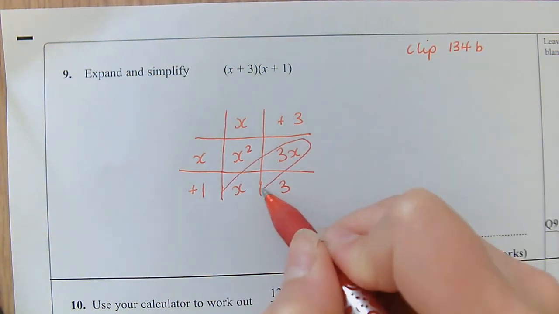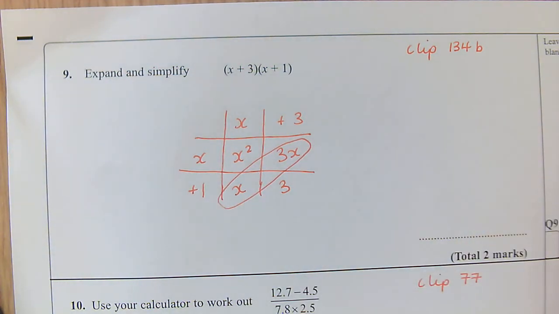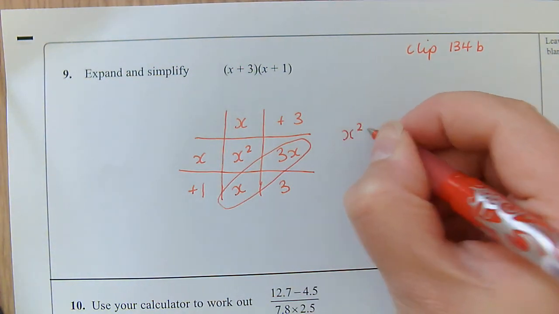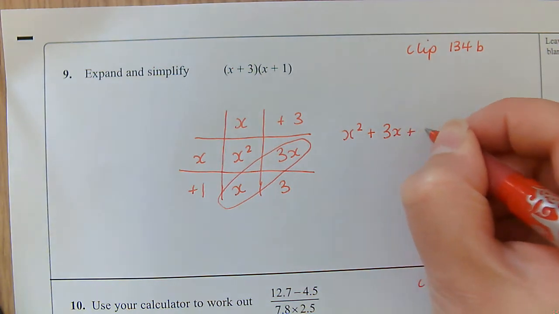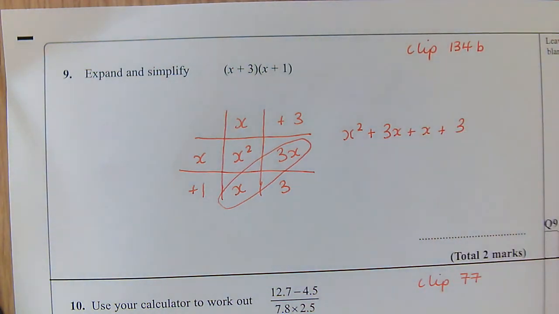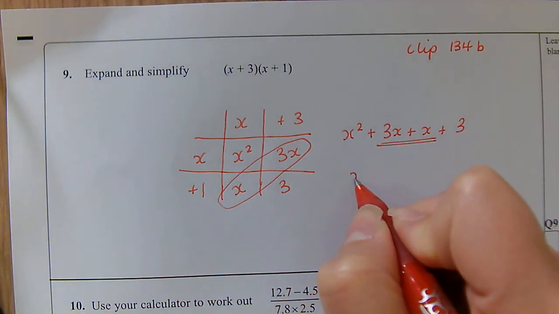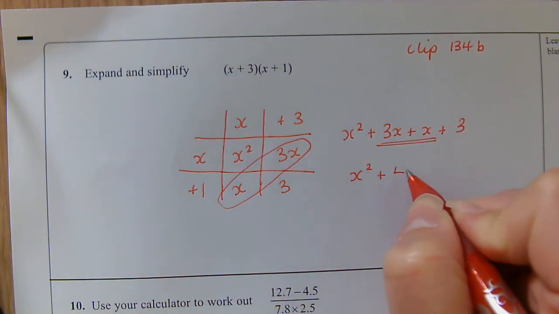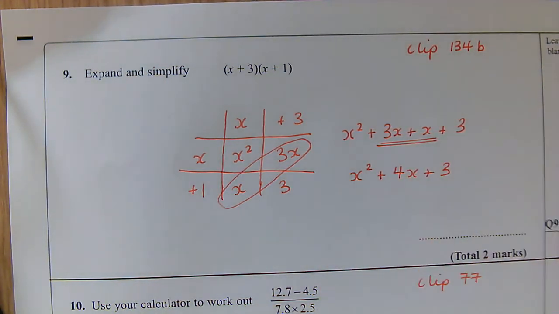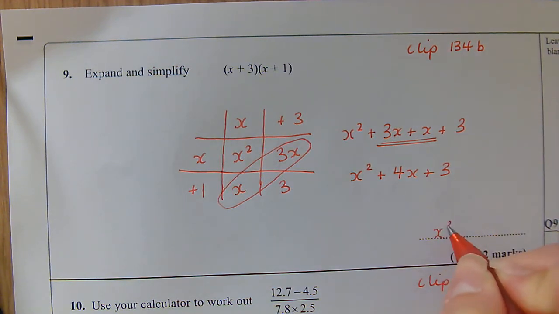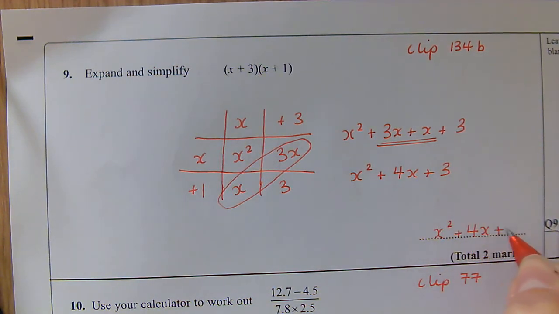At this point, this is where I'm collecting those like terms. So I end up with x squared plus 3x plus x plus 3. Our 3x plus our x gives us 4x. So our final answer is x squared plus 4x plus 3.